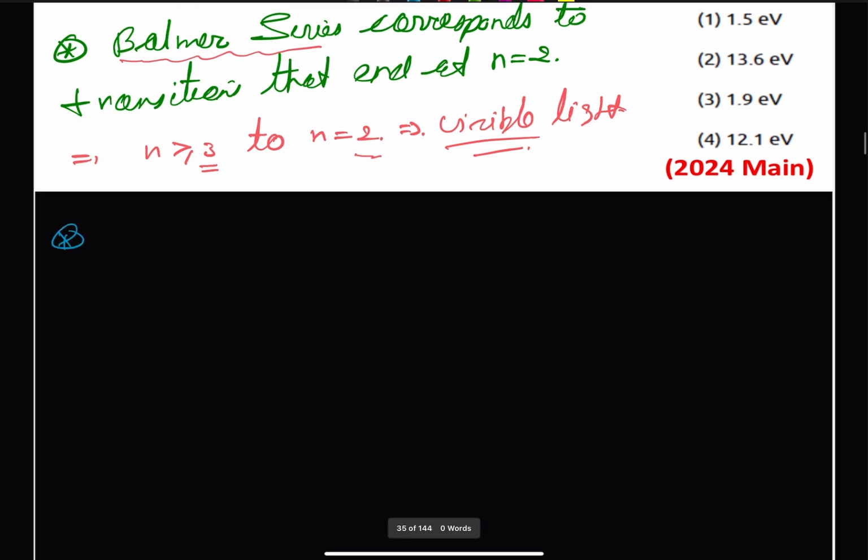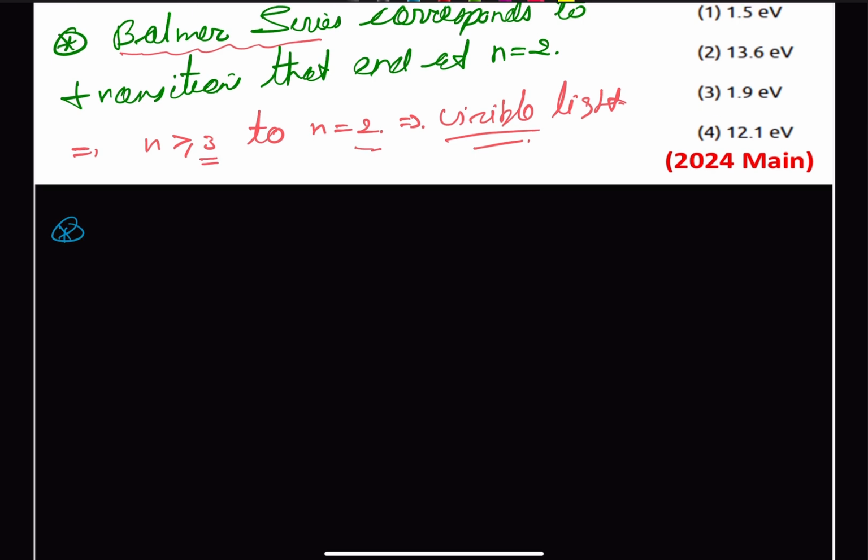So we can say, given that the atom is in the ground state, which basically means n is equal to 1 initially.